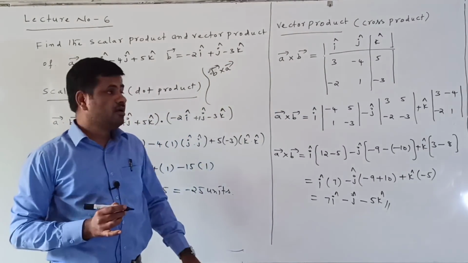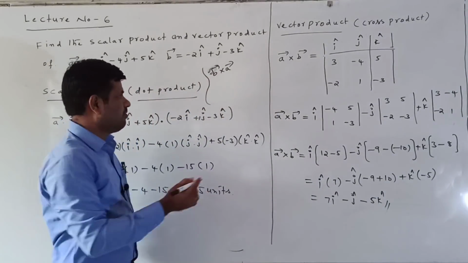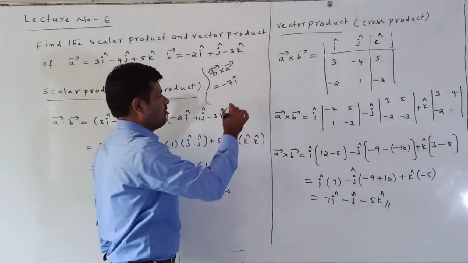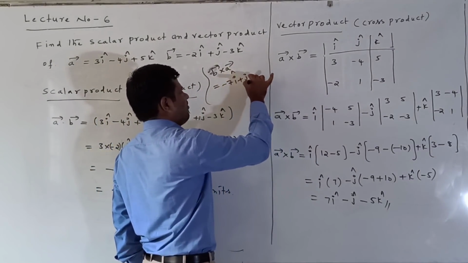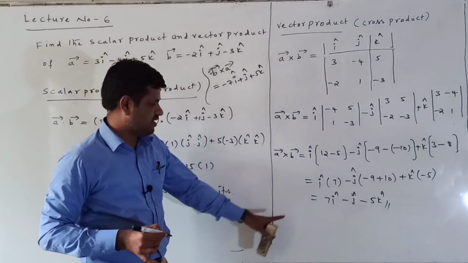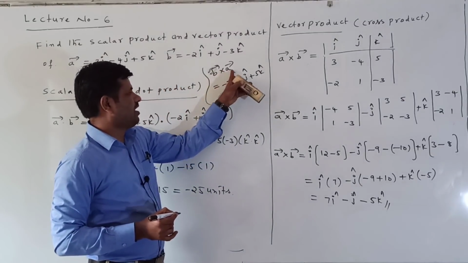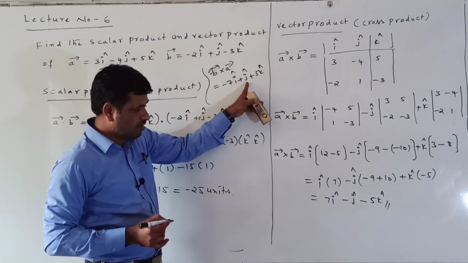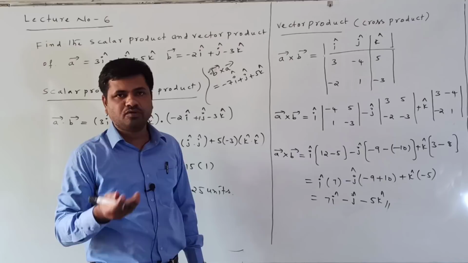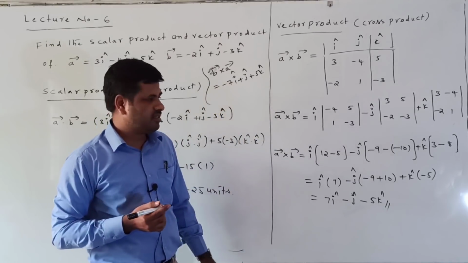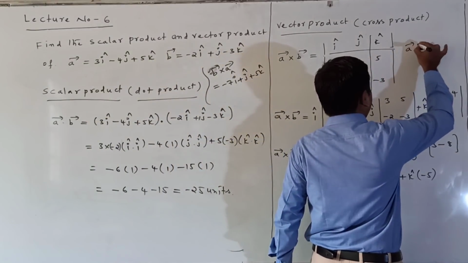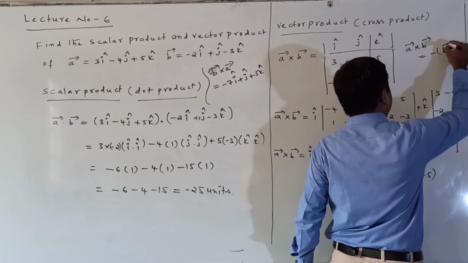When you make b bar cross a bar, you get the answer minus 7 i cap plus j cap plus 5 k cap. Why is this coming? Because it cannot follow the commutative law: a bar cross b bar is equal to minus of b bar cross a bar.